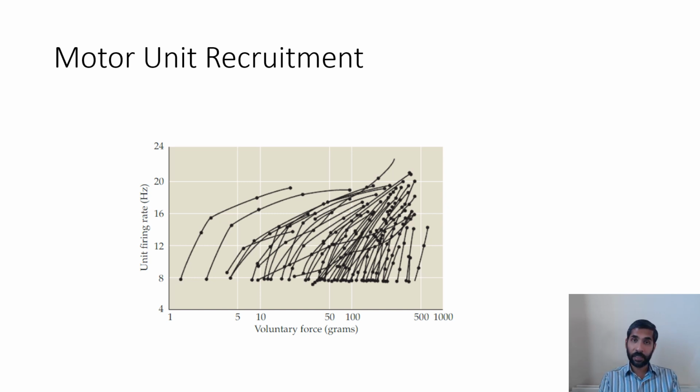So let's say you're stimulating a nerve, the first motor neurons that are going to be recruited are the very thin ones with small motor units, right, which have less force, which can be stimulated at a lower threshold. And then as you keep increasing the stimulation intensity, you get bigger and bigger motor neurons being recruited, and therefore bigger and bigger motor units being recruited, and more force being produced.